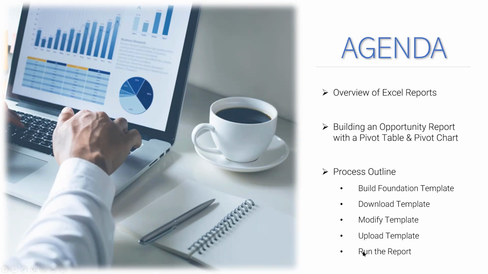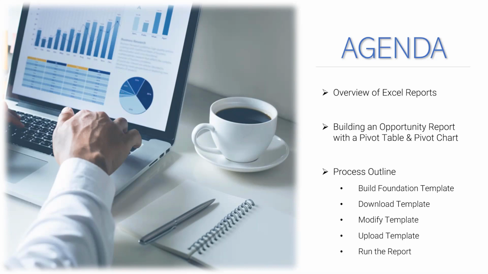The steps that you follow basically is you build your foundation template, which is very similar to what you do in the reports module. You decide, first of all, what module you're pulling your data from, what fields you're pulling in, and what filter you need on that.